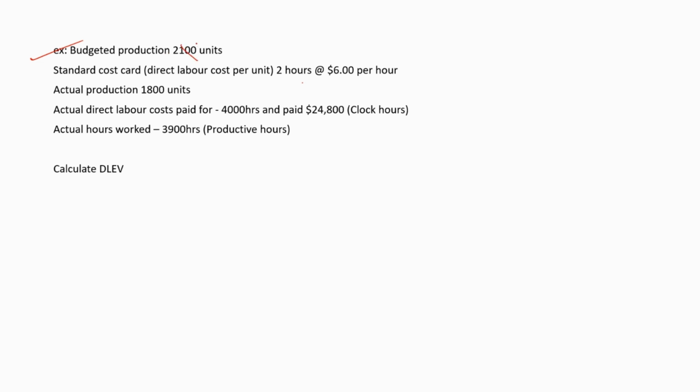We do not consider the budgeted production units. Calculate the direct labor efficiency variance, which is equal to actual productive hours minus standard hours multiplied by standard rate. Actual productive hours is 3,900 hours, minus standard hours.